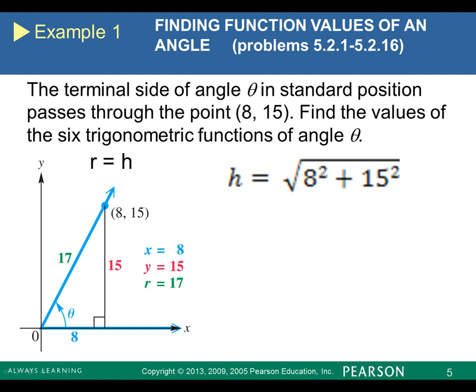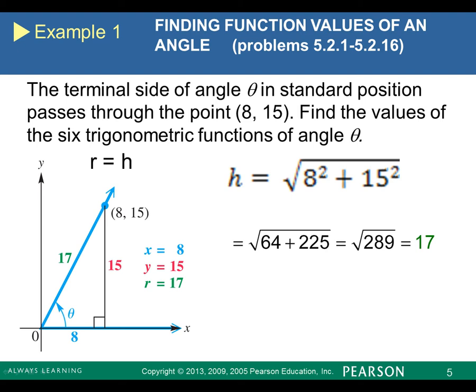So we have to use the Pythagorean theorem to get the third side. That would be 8 squared plus 15 squared, and we get 17. Now the hypotenuse is always, always, always positive.